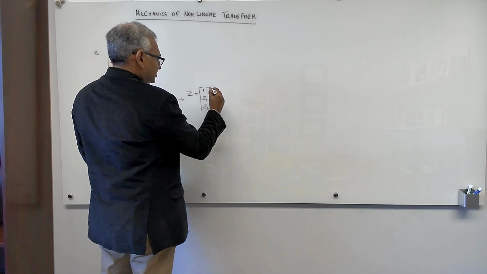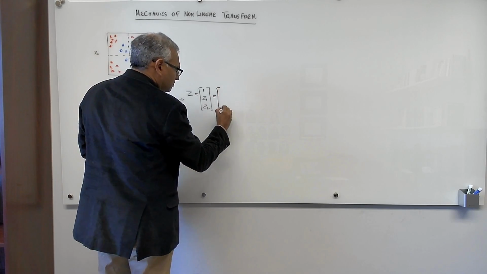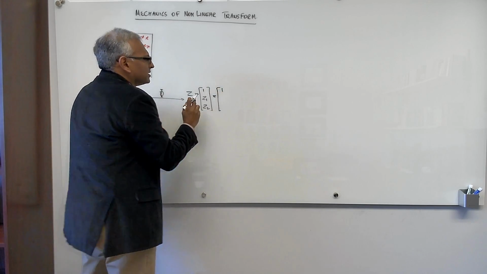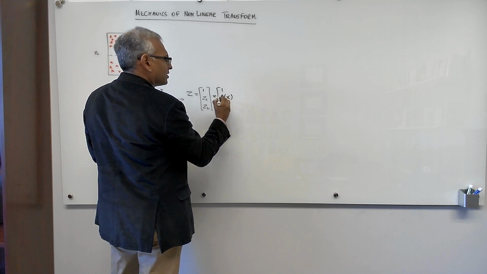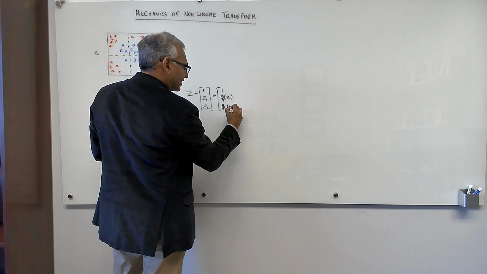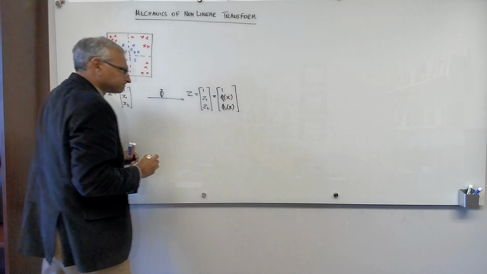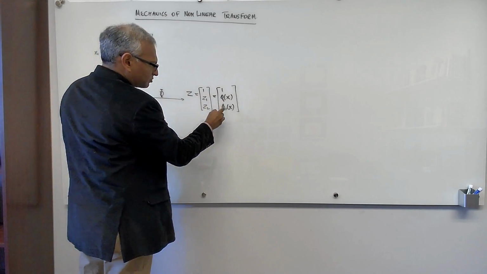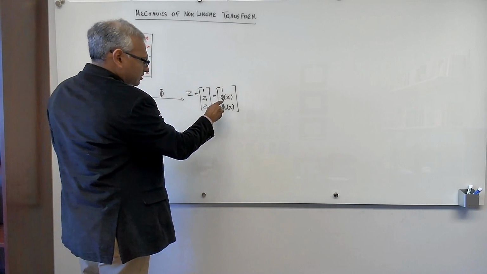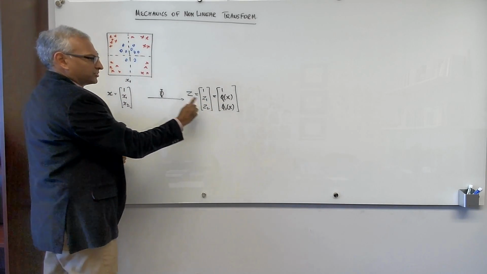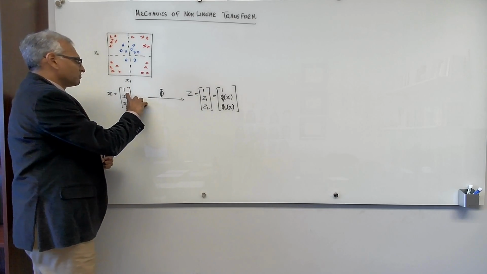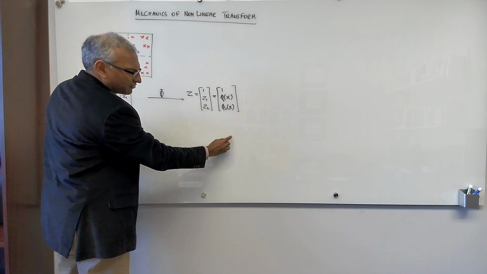So we will say that z is equal to 1, that's the augmented one, and phi 1 of x, phi 2 of x. The transformed feature z1 can involve both x1 and x2. The transformed feature z2 can involve both x1 and x2, and if there's a z3, a z4, and so on.